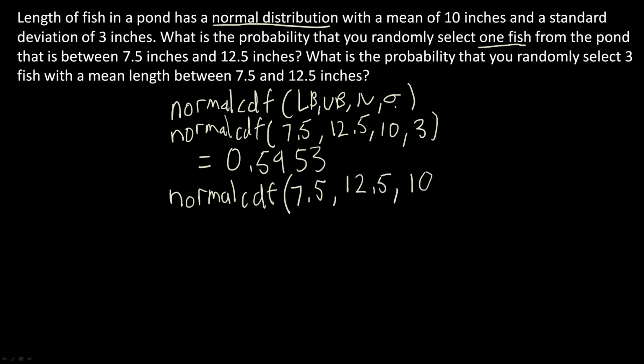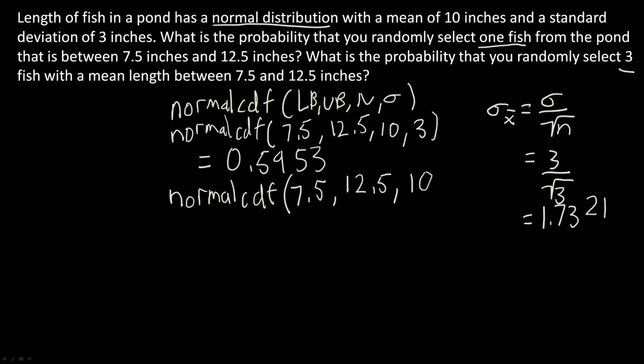However, the standard deviation changes because the standard deviation of the sampling distribution is equal to the standard deviation of the population over the square root of the sample size. If you plug in these numbers, it would be the standard deviation of 3 over the square root of the sample size of 3 fish, and this would be equal to 1.7321.